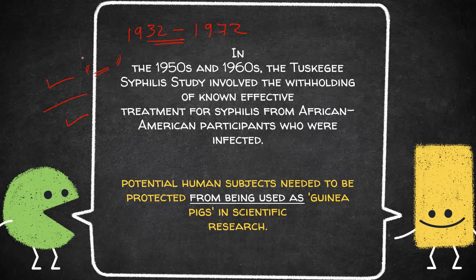You could have supplied some cure to those people, but in order to study whether a drug is working or not, you let people die. Many people died out of this study. So this was something to be discussed. The whole idea, the common thing is the same, that potential human subjects need to be protected from being used as guinea pigs in scientific research. This is the whole idea of discussing ethics in research.